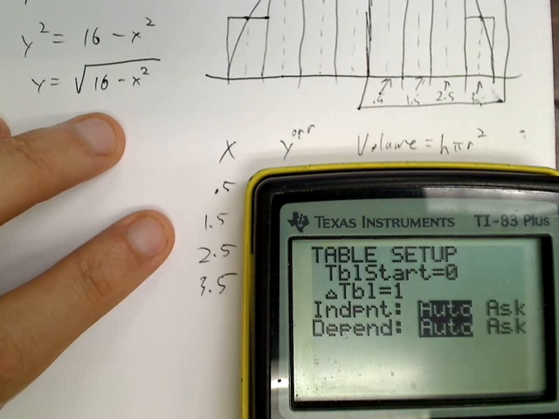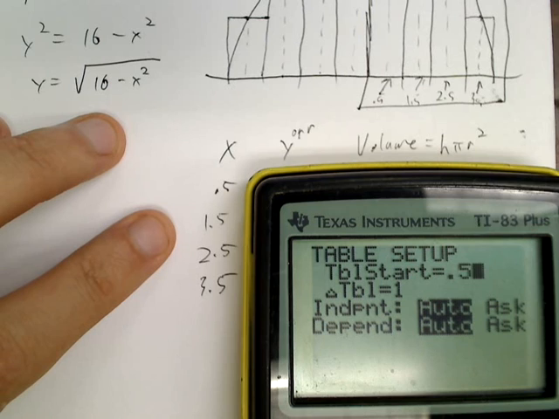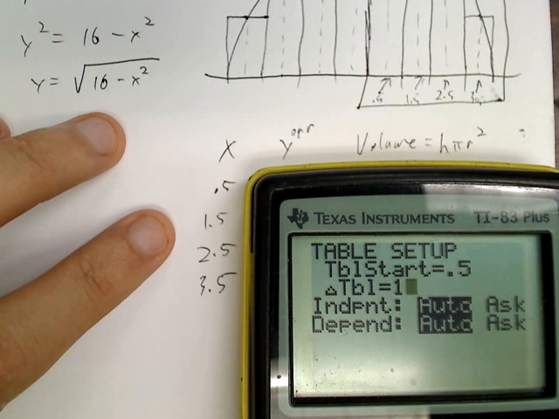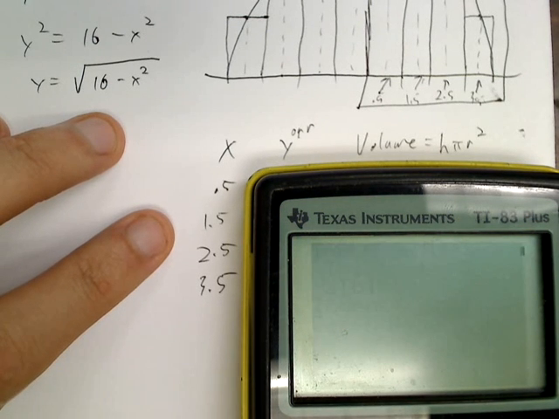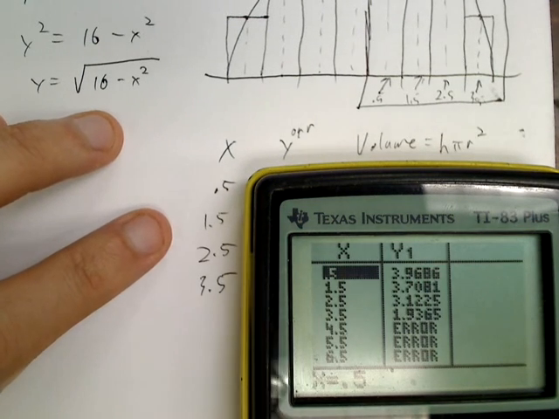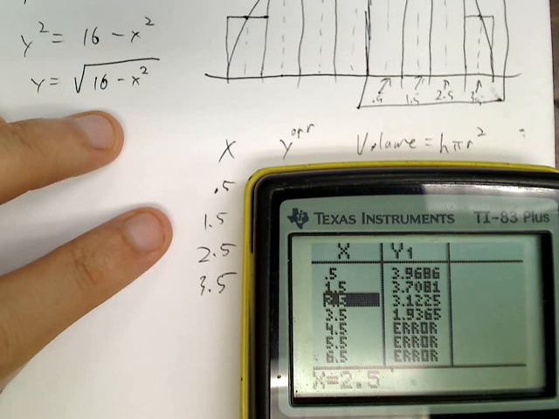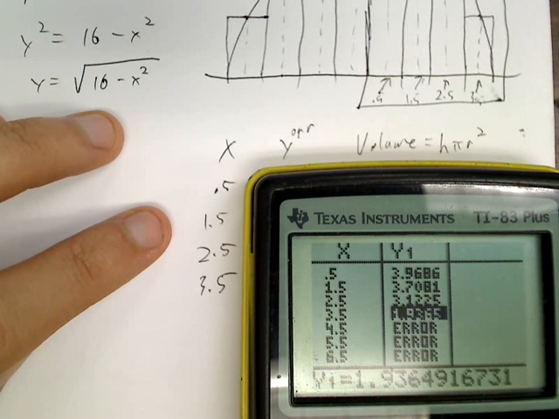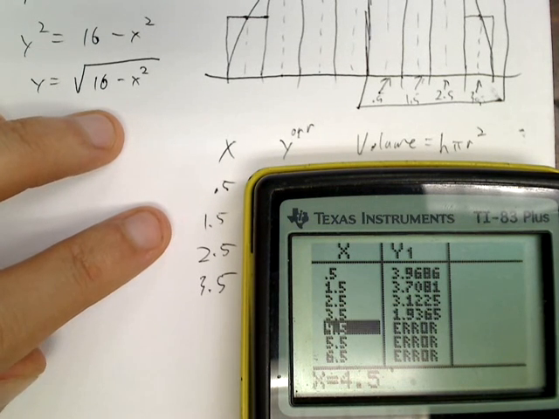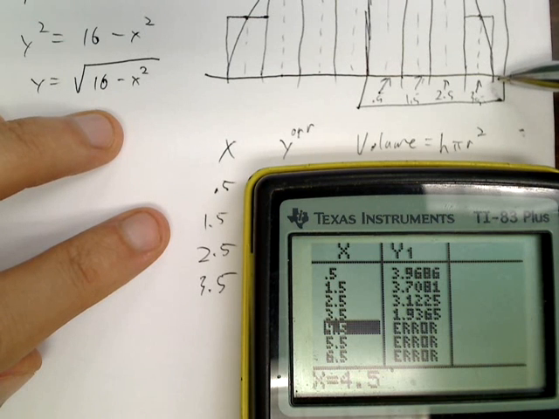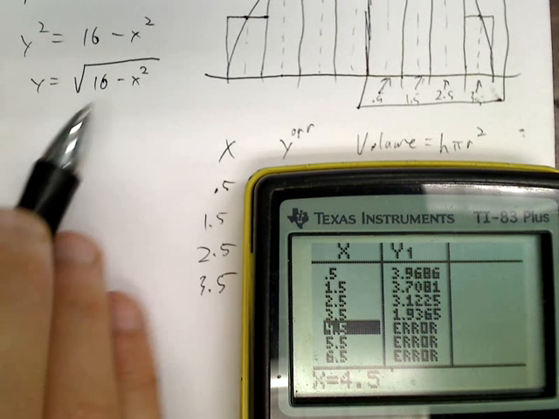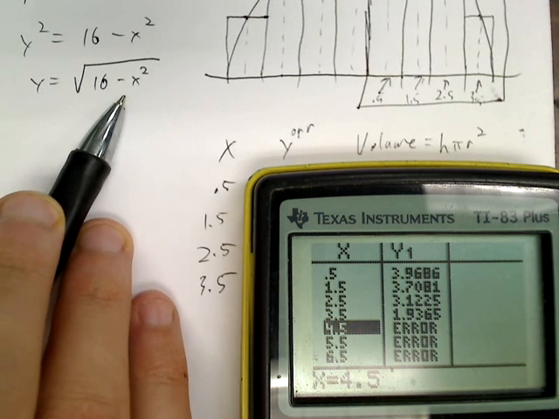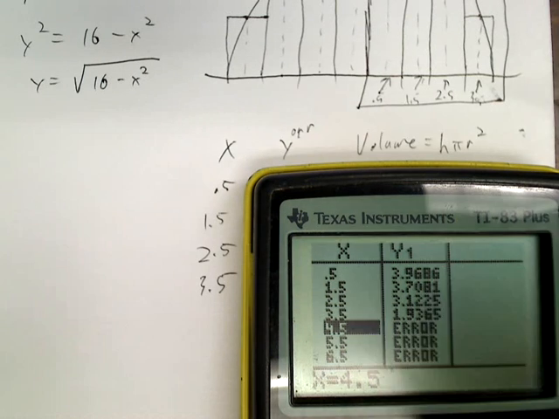I'm going to adjust my table settings. I want it to start at 0.5 and go up by 1. Oh, it was already 1. Okay, so let's look at my table. So you have 0.5, 1.5, 2.5, and 3.5, and these are the y values. You can see beyond that, at 4.5, I get an error because the graph fails to exist. I found the domain of this function to be between negative 4 and 4, so this makes sense to me.